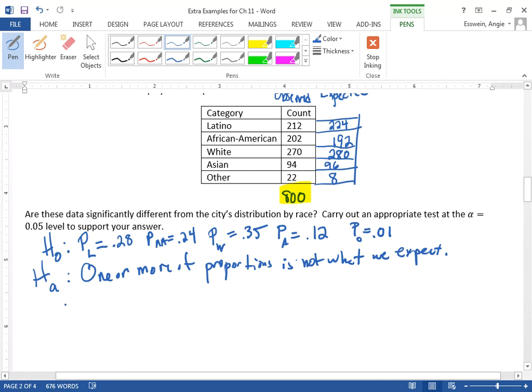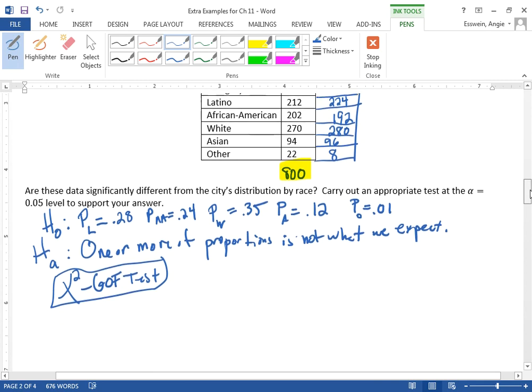So we're going to do a chi-squared. The name of it is chi-squared goodness of fit test. So now we've got more names of different kinds of tests. We have to keep all of them in our mind.